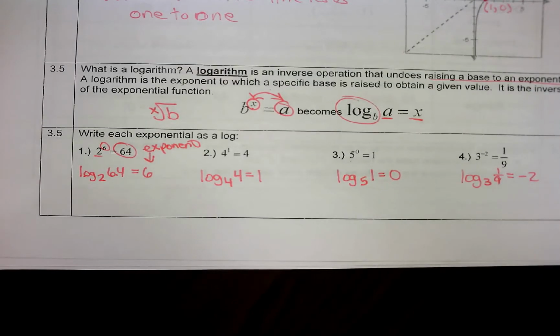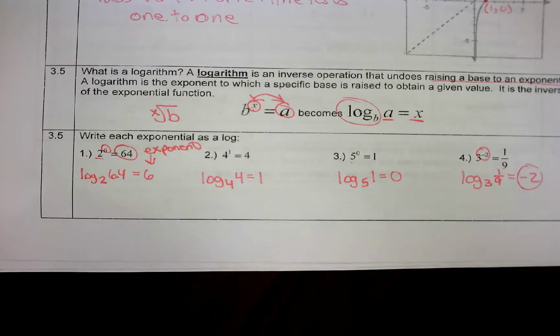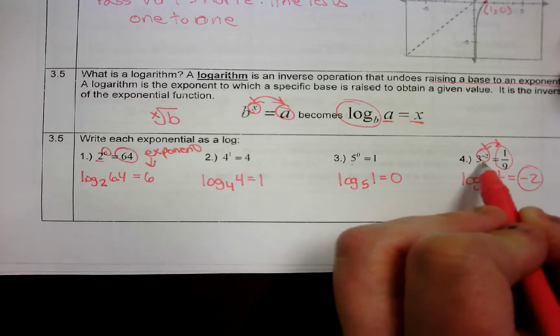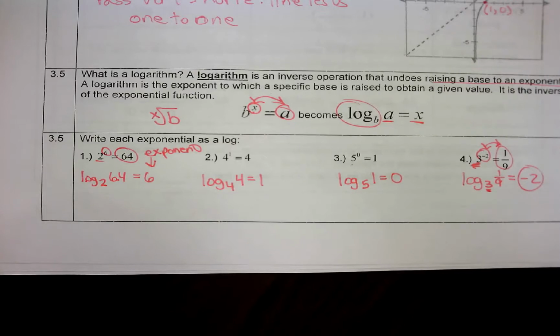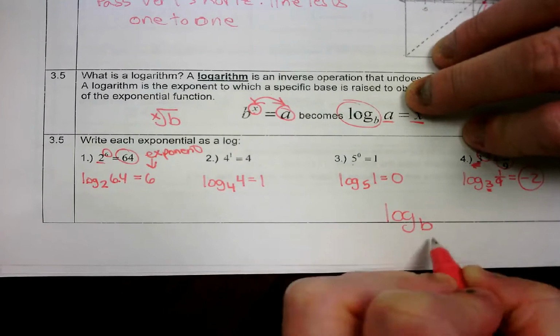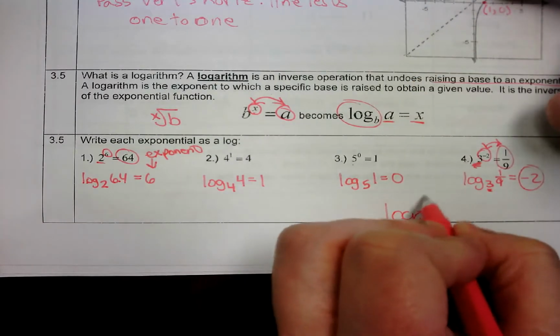In each case, you can see that my exponent is all by itself on the other side of the equal sign. My exponent and my argument are the only two things that trade places. My base stays where it's at. It just gets written as a subscript. A subscript is where you have something down here, a small number or letter, versus a superscript, which is up top.